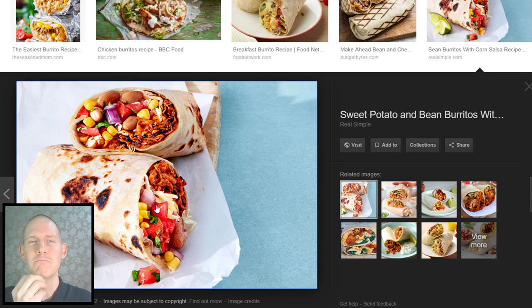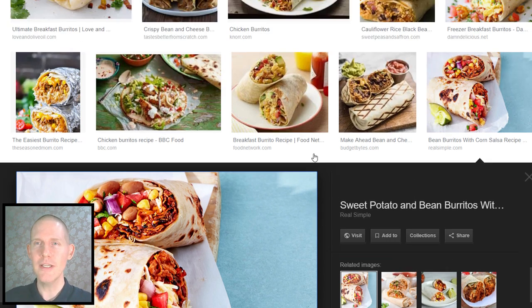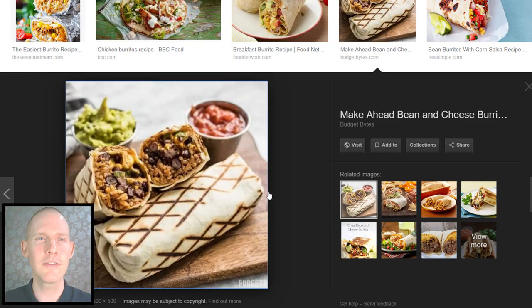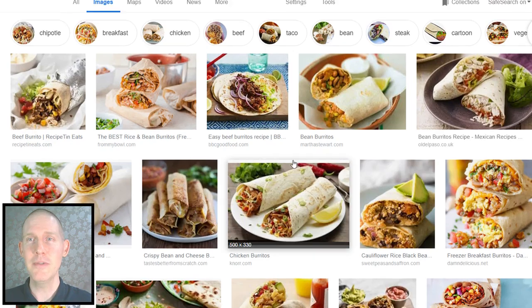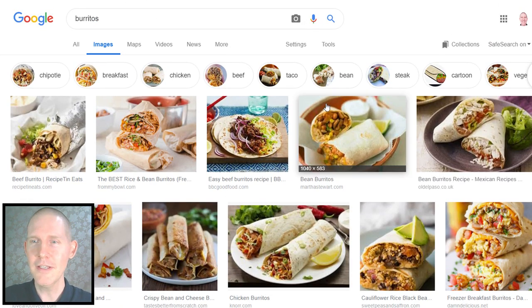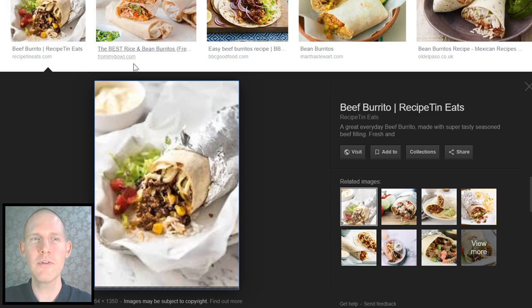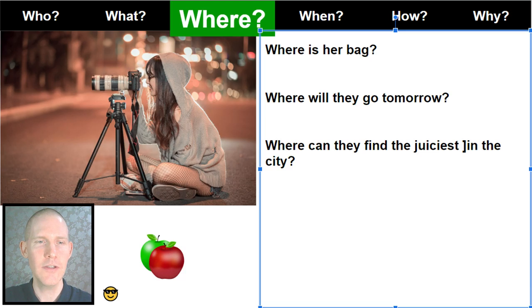Oh, delicious. But I need to stay focused because I'm teaching a live English class. I'm getting hungry. Okay. Kind of food, burrito. Yes. I think it's Mexican food, right? And it's delicious. Okay, I'm going to stay focused. Let's go back. Where can they find the juiciest burritos in the city?